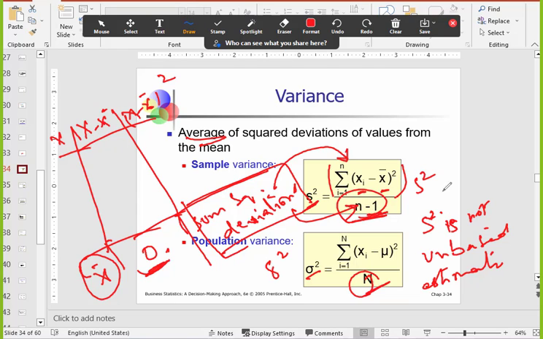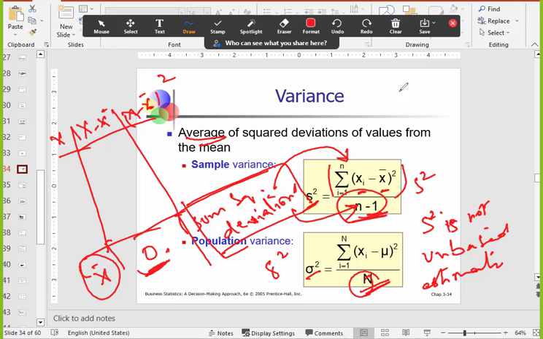In this video, this is the shortest possible logic that I can give for why we use n minus 1 here and n here. But if you want to understand it in detail, then you need to study applied statistics or have a look at an applied statistics book. It will give you examples of why we use n minus 1. So for now, this logic is enough.